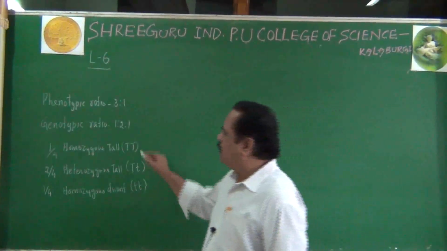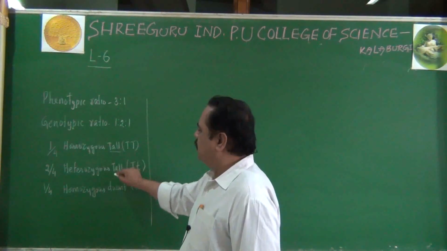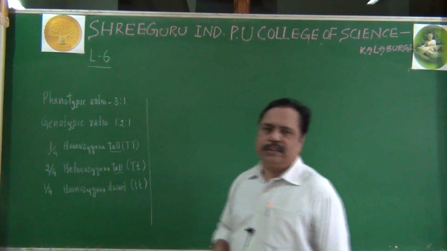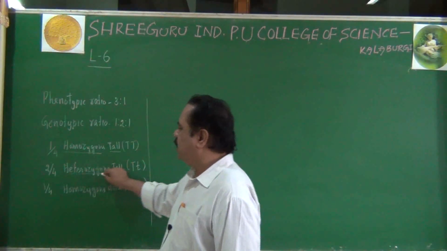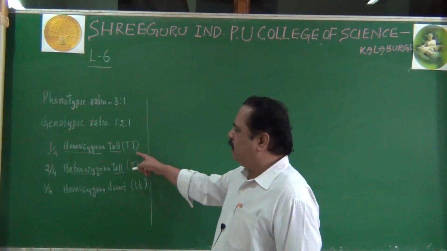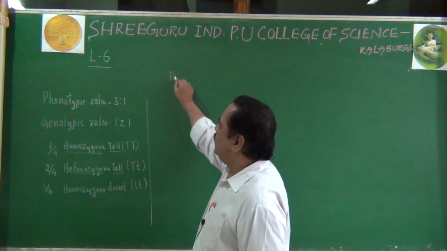Now recall this point. A dominant character can occur in 2 ways. Either it can occur in homozygosity or it can occur in heterozygosity. Outwardly, phenotypically or morphologically, this plant is tall only.